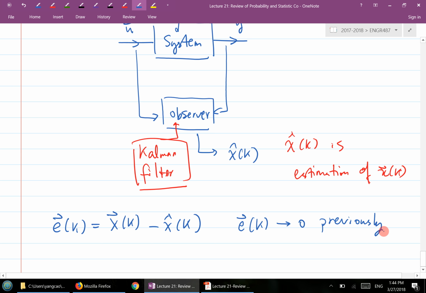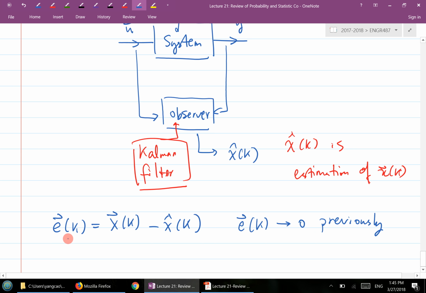Now think about the current situation. There's noise in this, and there's also noise in that, and when you subtract one from the other, you get something plus noise. So this time, is it still possible for the error to go to zero? No, not at all.